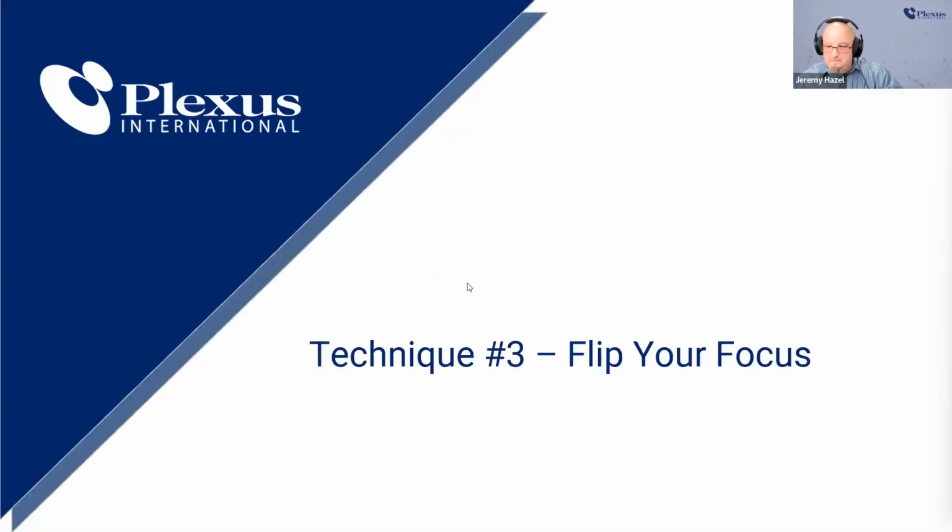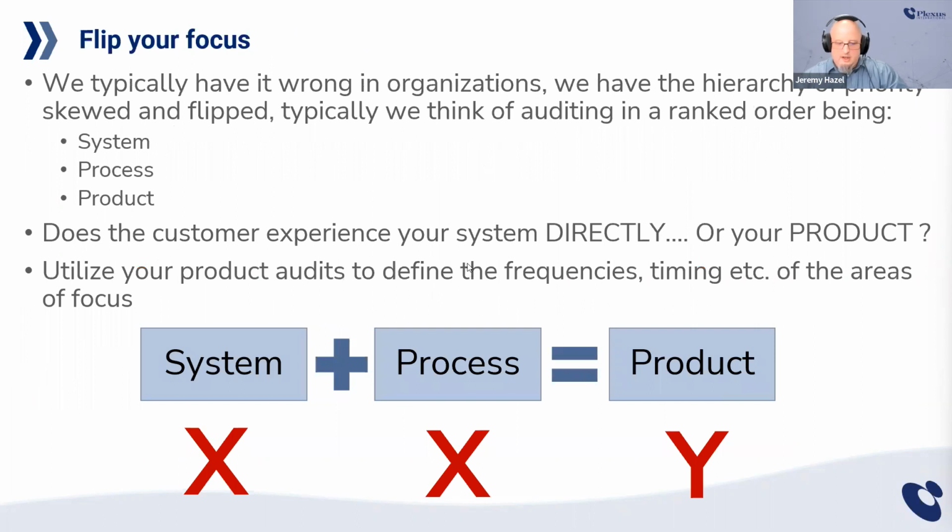And the last one, we shifted a little bit. Now, this is just my experience. Typically, when we think about the 3 types of audits, system audits get a majority of the accolades and the focus. Process audits are found as the tech audits, right? Those are the FMEA audits.